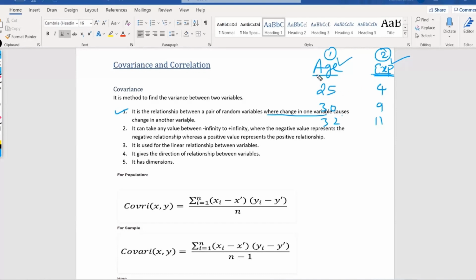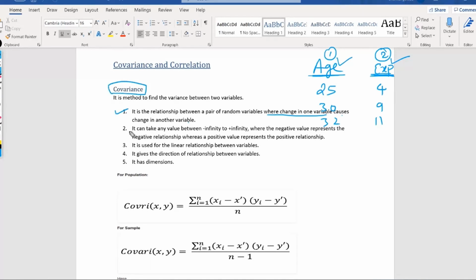So the variance between this variable and this variable, a pair of two variables, is what I'm going to find: how much the experience variable is going to increase based on the age variable. That kind of relation, that kind of variance I'm going to find with the help of some formula. That method itself is basically covariance.